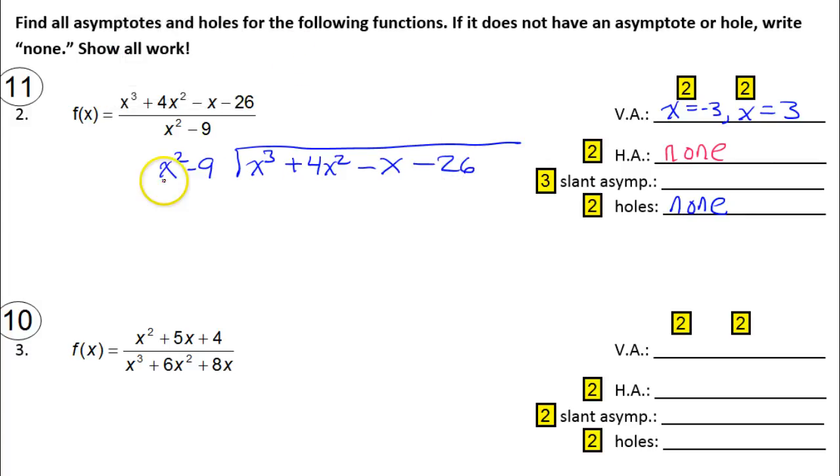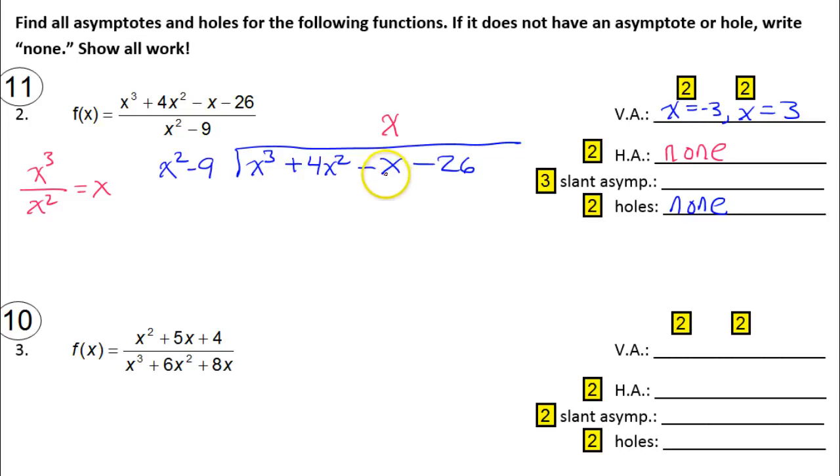The first thing we do is divide. I'm looking at the x to the third power and the x squared, and dividing those two would simply make x. So I'm going to put my x right here.